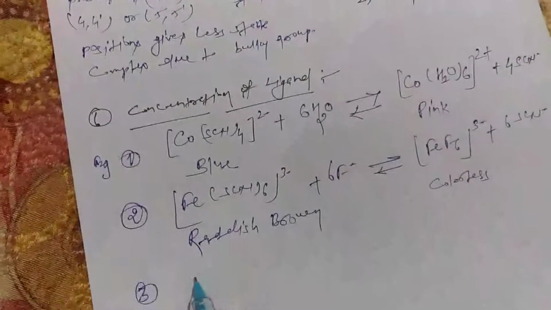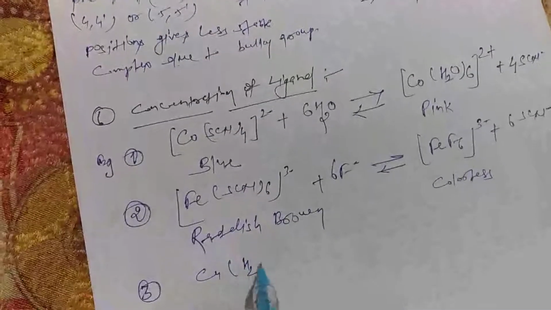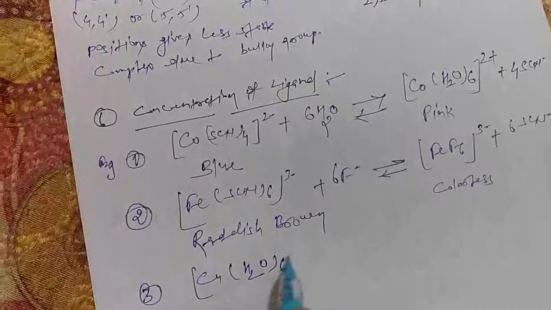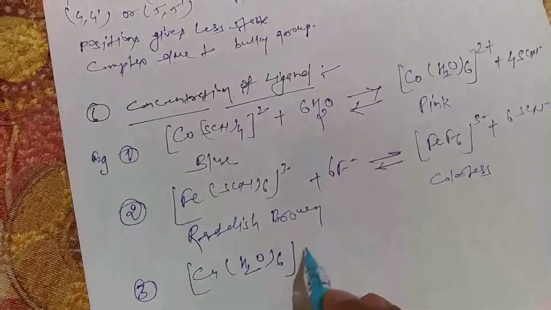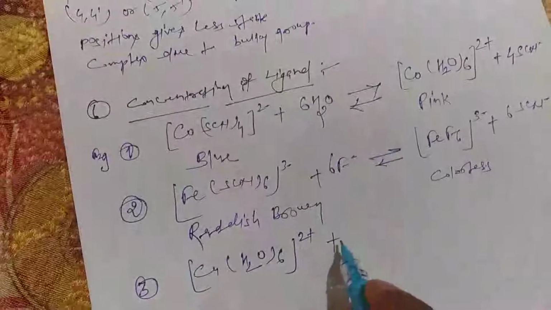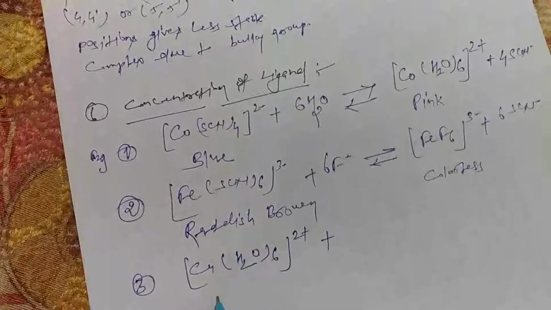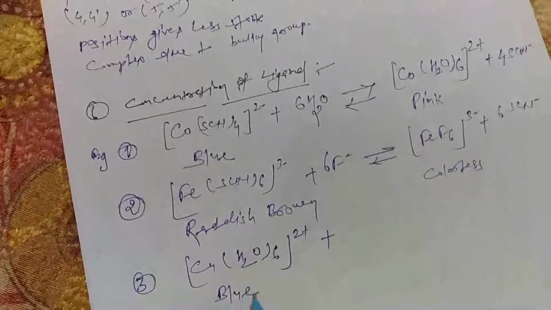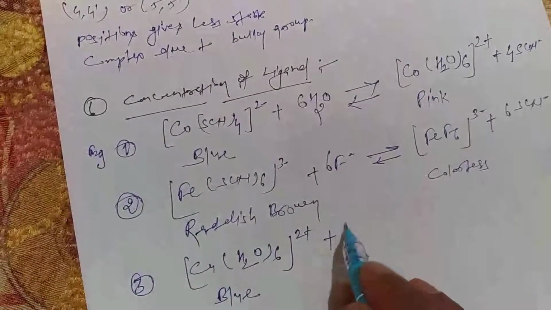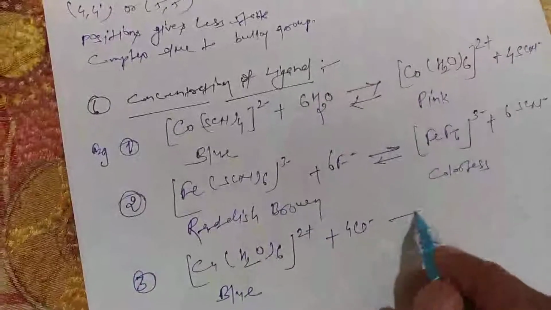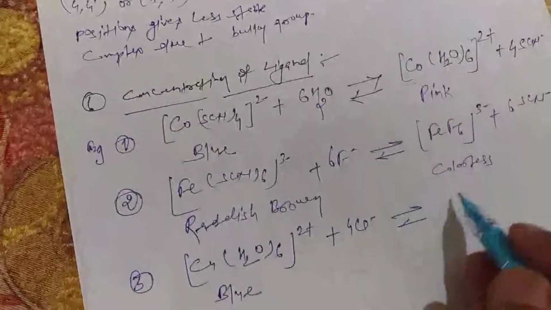We can take one more example, the copper hexahydrated complex. This is of course a copper complex, so it will be blue in color, and when it is combined with chloride ion, this will give you a yellow color.